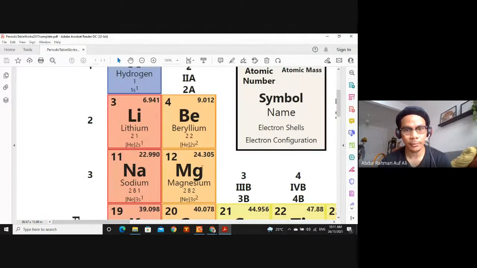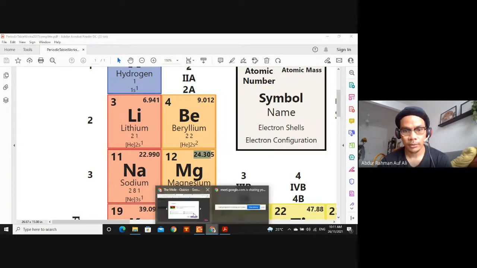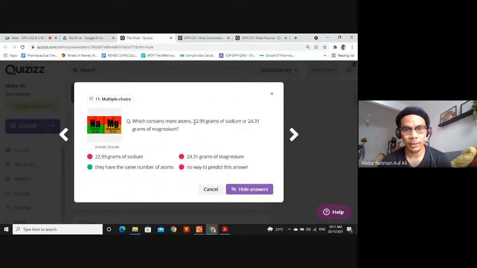Okay, sodium, magnesium. So berat 1 mole of sodium adalah 22.99, berat 1 mole of magnesium adalah 24.305. Dalam soalan ni dia bagi the same value lah. Okay, sodium 22.99, 24.31 untuk magnesium. The values yang dia dapat from periodic table. Soalan dia tanya which contains more atoms.